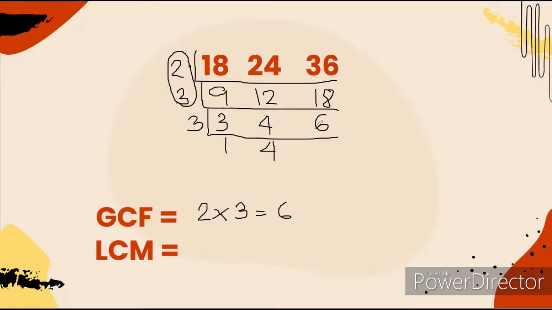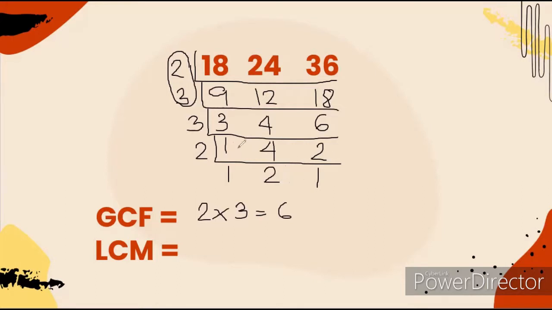And 6 divided by 3, that's 2. We still have 4, which is not yet a prime number, so we will divide it by 2. 1 divided by 2 cannot be, so bring down 1. 4 divided by 2, that's 2. And 2 divided by 2, that's 1.